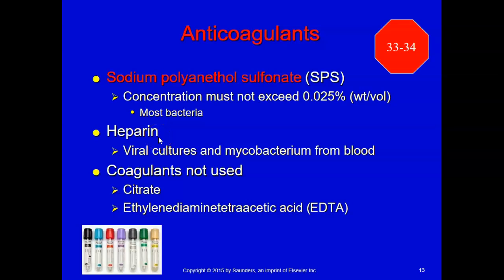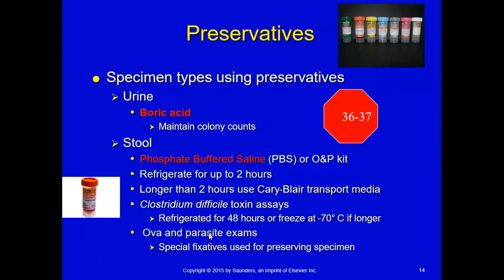Usually if we have a culture from a fluid, we're going to get a swab or fluid in a red top tube, and we can set that up. But heparin, we can use. Anticoagulants that we don't use are citrate or EDTA, and this image is to remind you about all the anticoagulants that we can use in the laboratory. Just not all of them can be used in the microbiology lab.